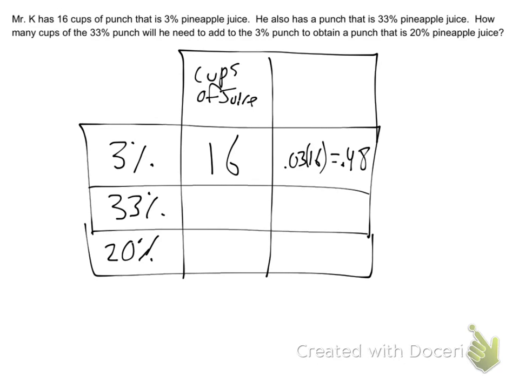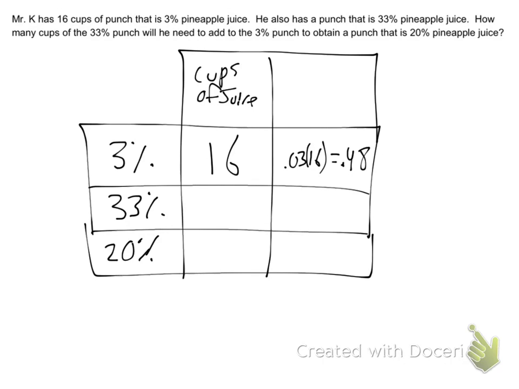Just like the candy idea, where there were 25 Kit Kats. This time, 3% of the 16 cups of juice is 0.48 cups of pure 100% pineapple juice. If I were somehow able to take out the pineapple juice of those 16 cups, I would only have less than half a cup of pineapple juice. The rest would be water or some other juice. You guys agree with this? You can kind of picture this?